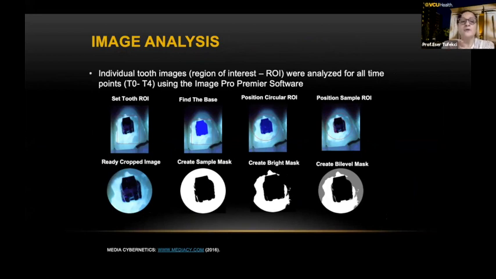We were able to choose an area of interest, and then the software could look at that surface and differentiate the dark pixels, which represented enamel, from the bright pixels, which represented sealant. It was able to run all those algorithms to give us a definitive calculated number.